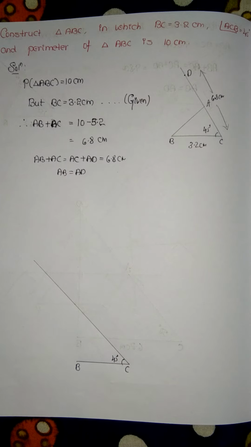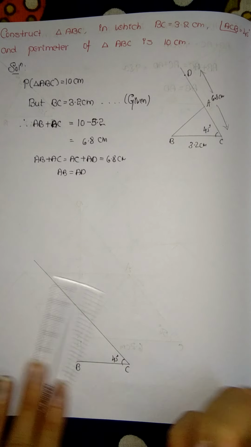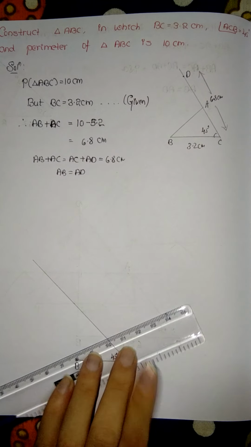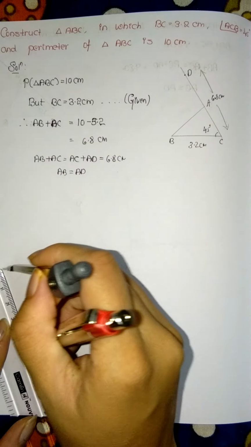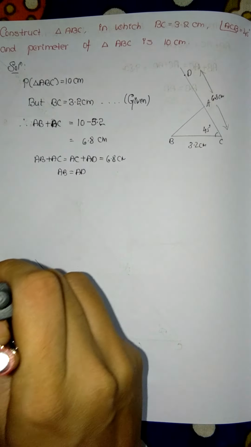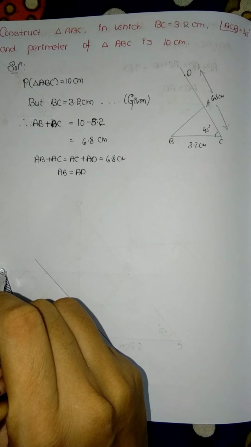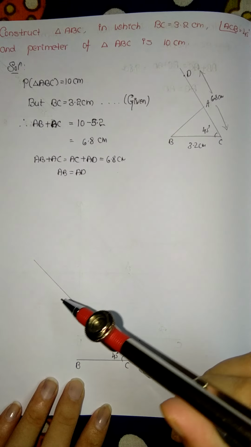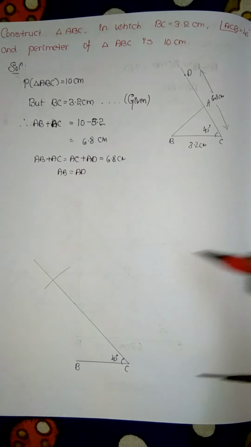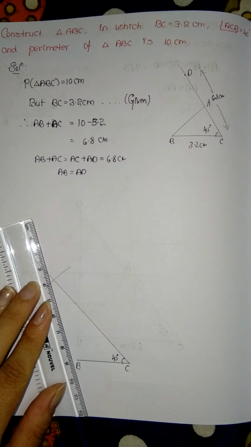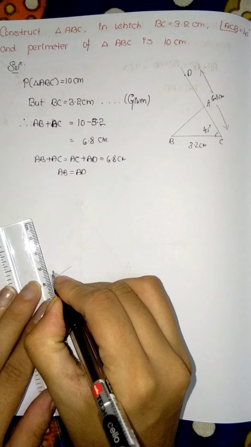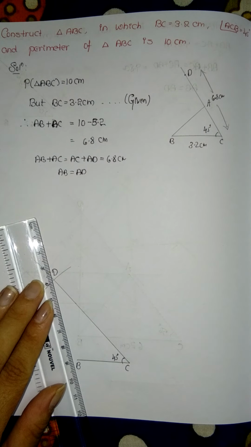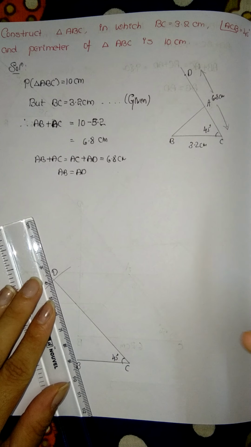Now take the measurement of 6.8 centimeter and keep it in C and cut the line and join these two. So here give the point as D. Now join the D and B.